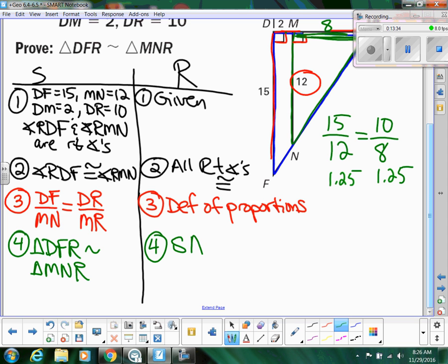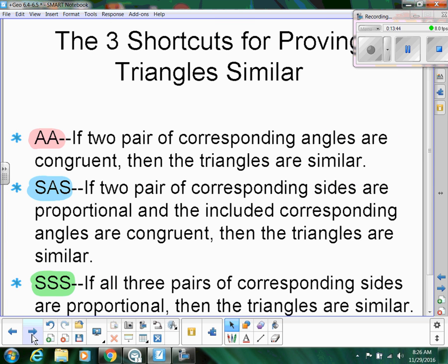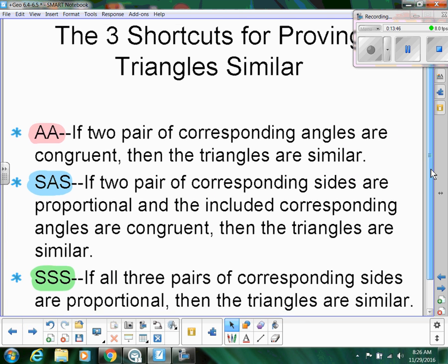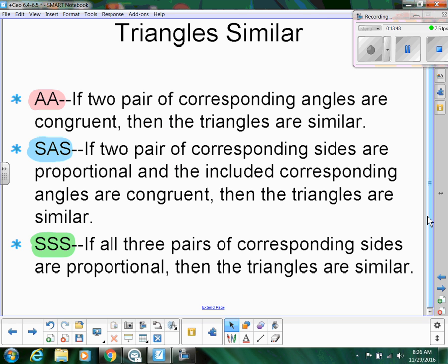And that's by SAS similarity. All right, so there's a proof. And that's what we're going to be using for our triangle. So that's about the extent of our proofs. So we've got angle-angle, SAS, and SSS.